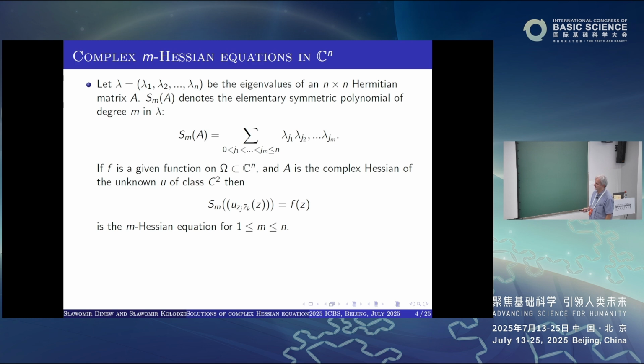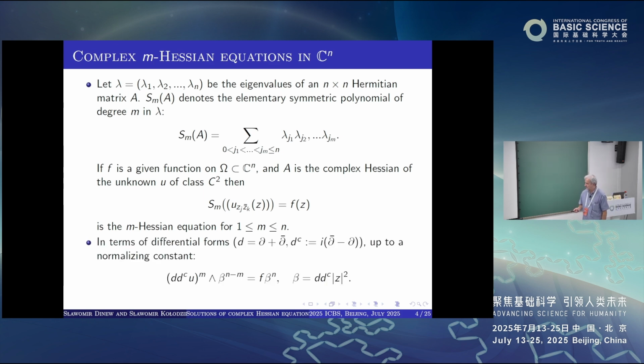The complex Hessian means that we differentiate once with respect to a holomorphic coordinate and once with respect to an anti-holomorphic coordinate. And then we compare this symmetric polynomial acting on eigenvalues of this matrix to the given function f. This is the classical form of the m-Hessian equation, m standing for this degree here.